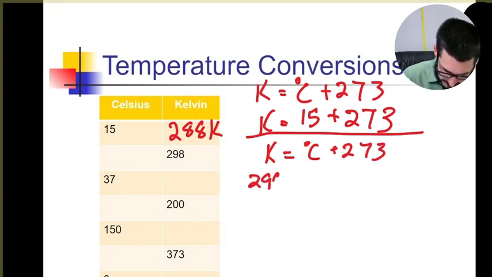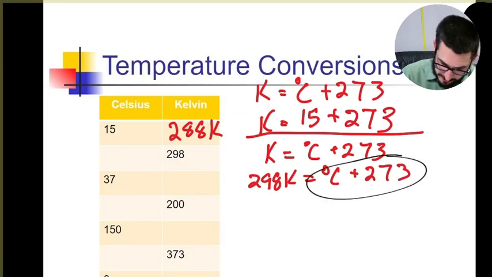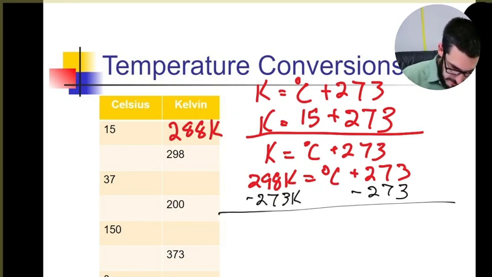Then in contrast, if I start with 298 Kelvin, I've got Kelvin equals Celsius plus 273. Plug in my Kelvin temperature, and because I have my Celsius over here with the plus 273, I've got to subtract 273. And that gives me 25 degrees Celsius.